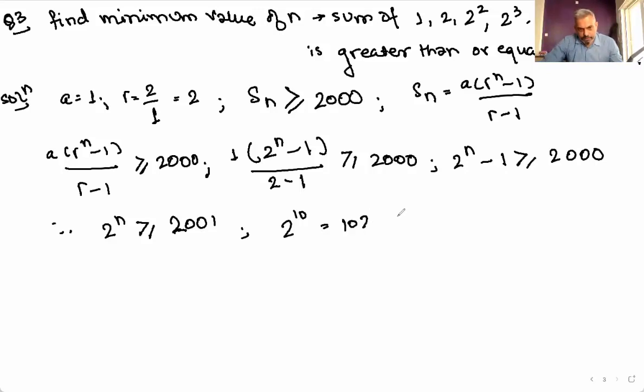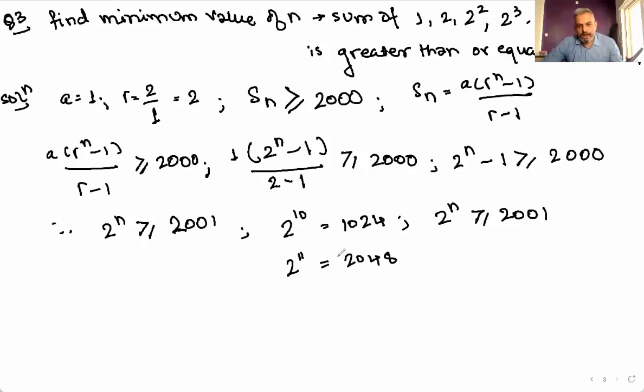Now what we want is 2 raised to n should be greater than or equal to 2001. So 2 raised to 11 is equal to 2048.